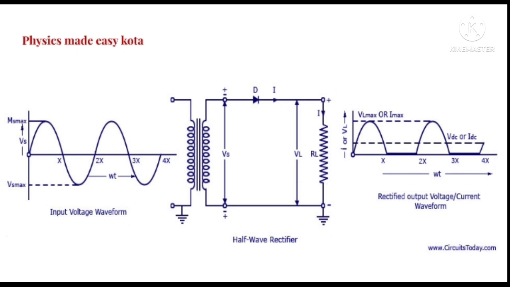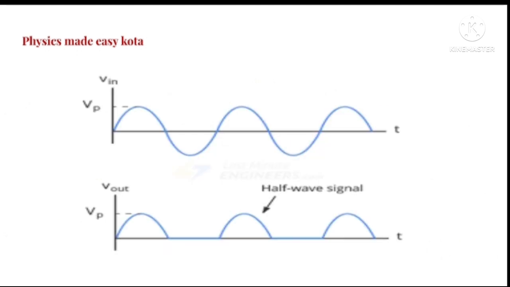So for this case, the junction does not conduct, no current is flowing, and we get no output for the given input signal. So this is a half wave rectifier, and we get output only for half of the AC signal, only when the PN diode is forward biased.